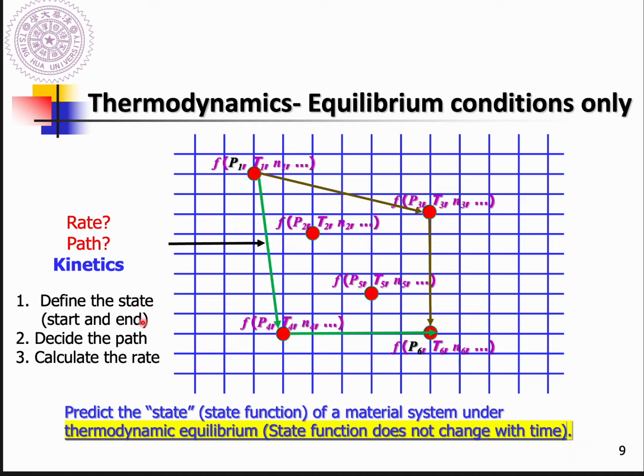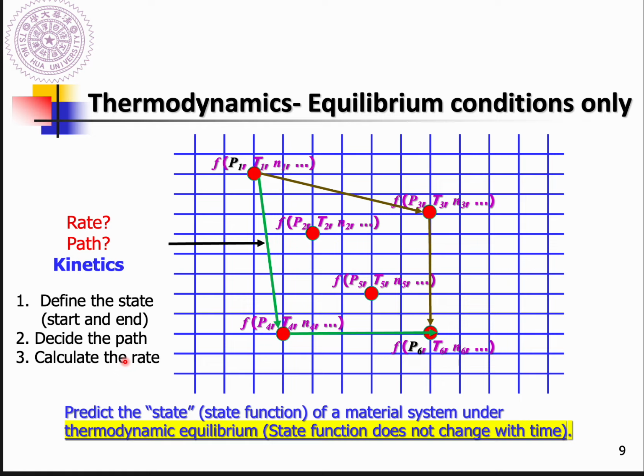Then you need to decide which path you are going to choose, 1, 3 to 6 or 1, 4 to 6. And next you calculate or estimate the rate corresponding to the path you choose.